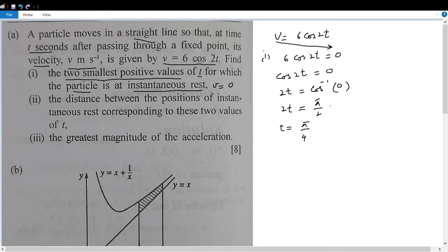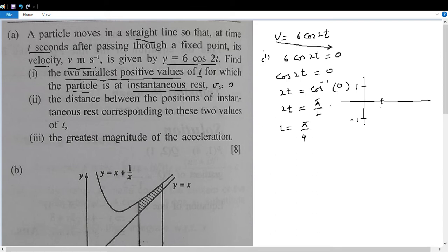Now look, as you know, the period of cos is 360 degrees.